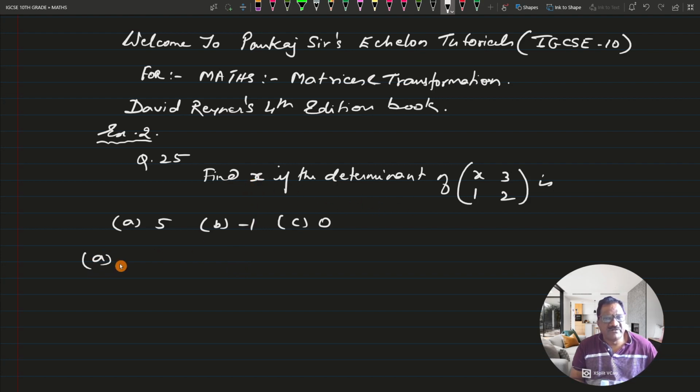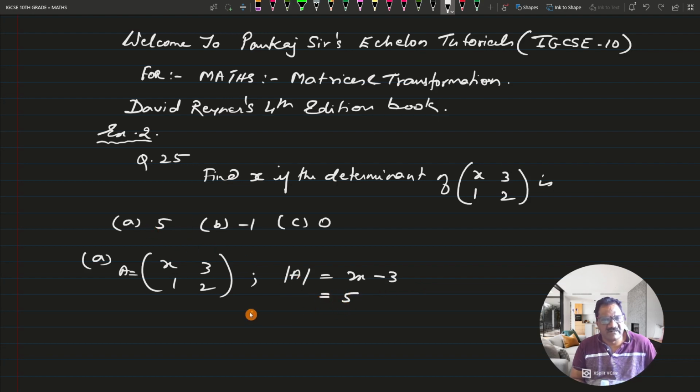Now we know the matrix x, 3, 1, 2. Suppose this is your matrix A. The determinant of A will be equal to 2x minus 3. Now this 2x minus 3 is given to us as 5.